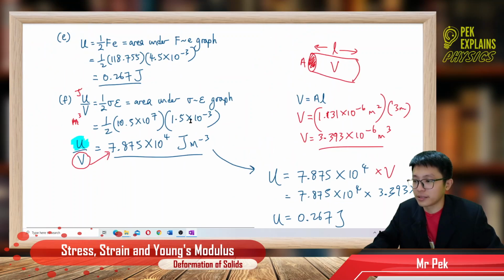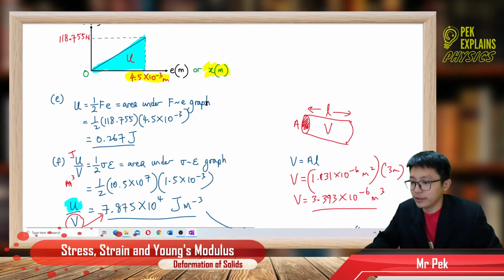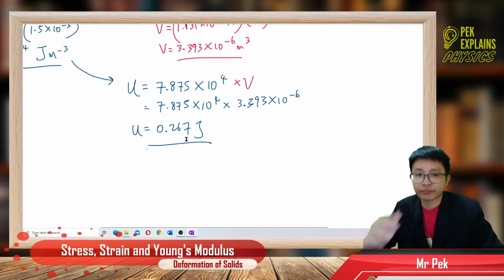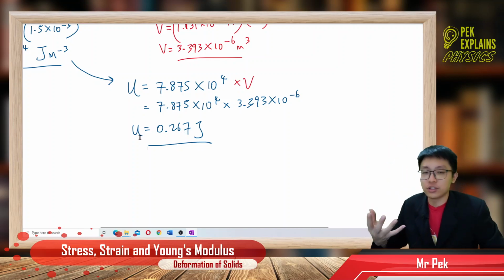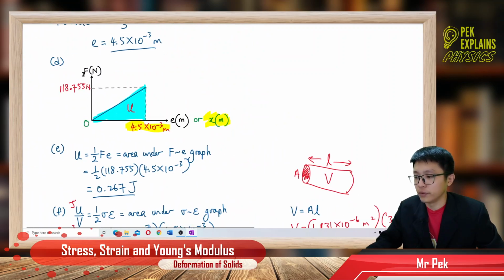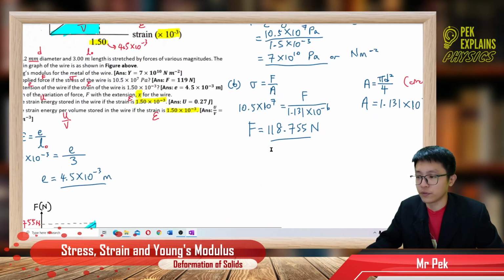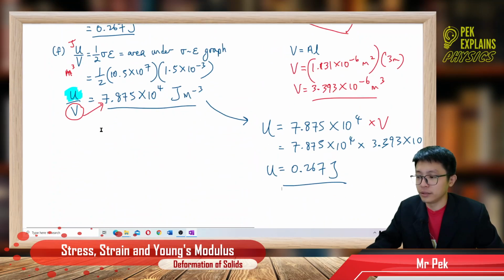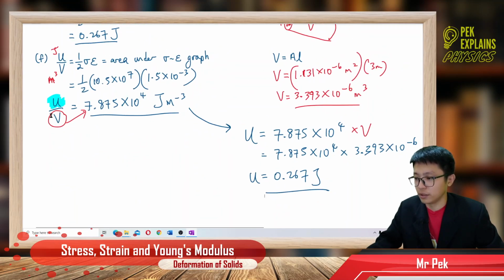The same as before, the area under the force-elongation graph. So there's another way to find the strain energy. If you don't draw the force-elongation graph, you still can find the strain energy from the stress-strain graph, but you have to find the volume first and multiply it to the top.